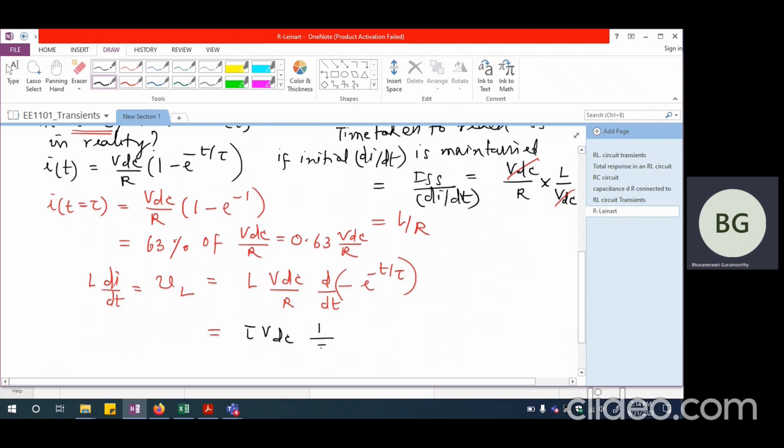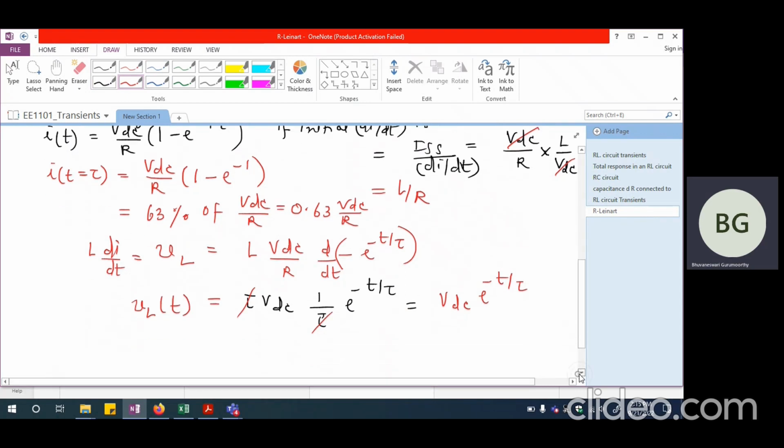So 1 by tau multiplied by e power minus t by tau. So I'm going to have essentially this tau and this other tau will get cancelled. So I should be able to write this as VDC multiplied by e power minus t by tau. This is the equation or function for VL of t with respect to time.